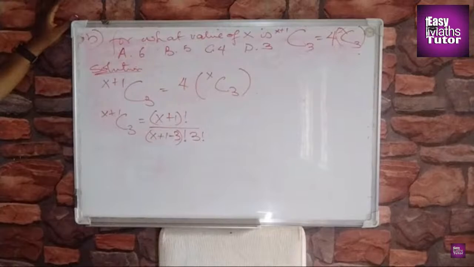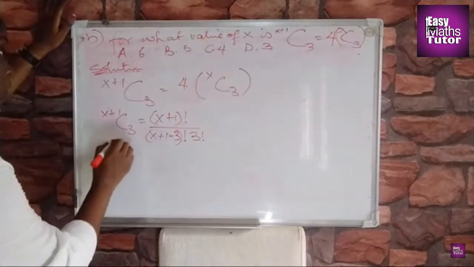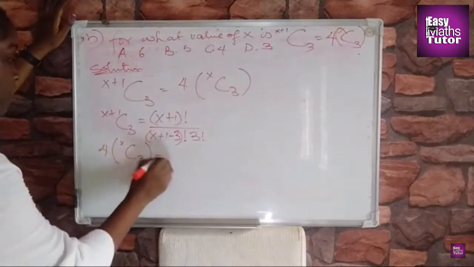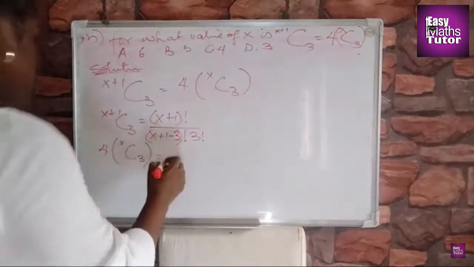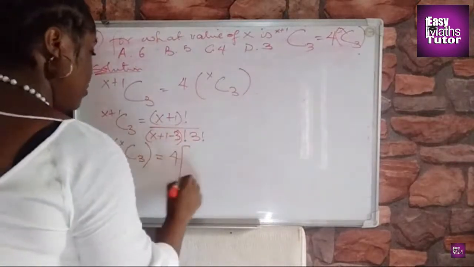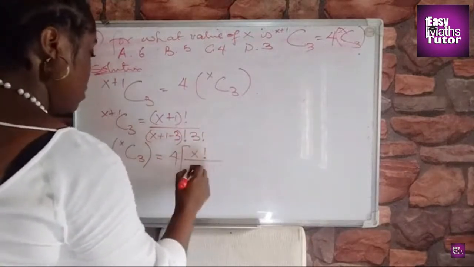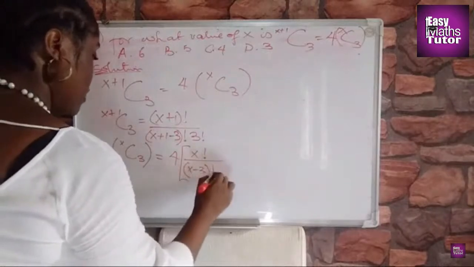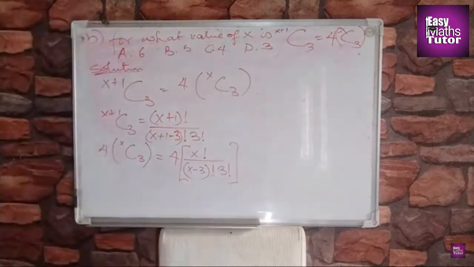Then we have 4 times x combination 3. So that will give us 4 times x factorial all over x minus 3 factorial times 3 factorial. All right?